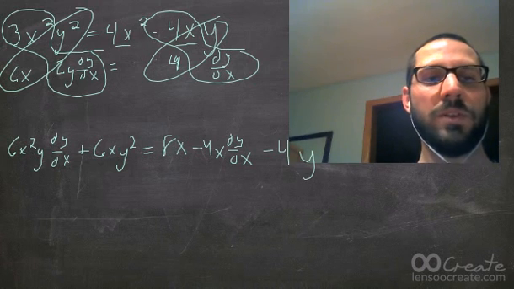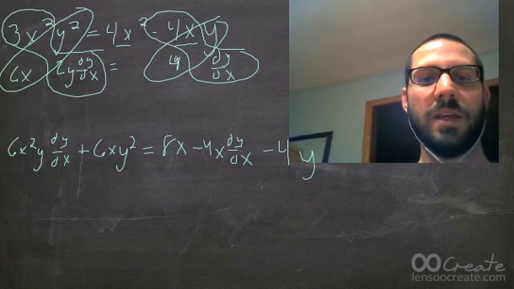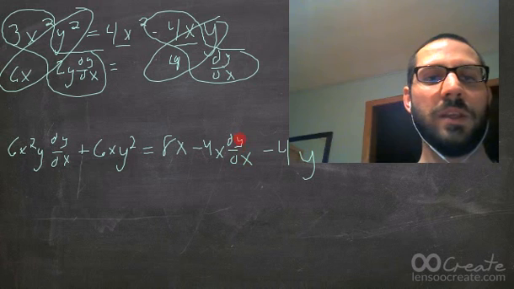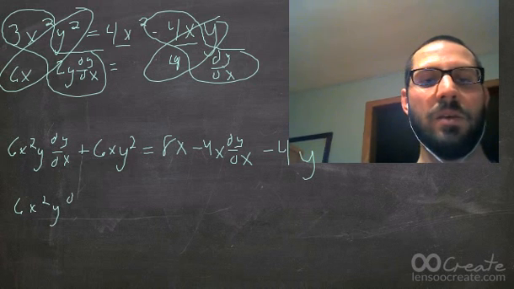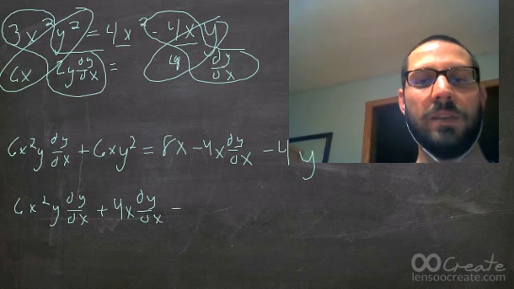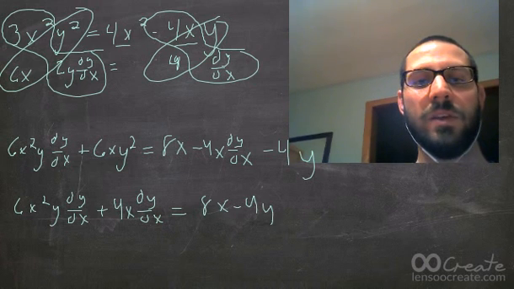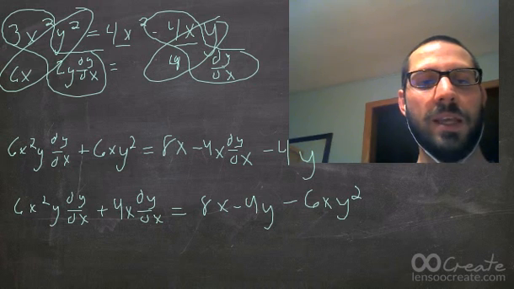Minus 4y. Again, we want to get those dy/dx's on one side, everything else on the other. So 6x squared y dy/dx plus 4x dy/dx equals 8x minus 4y minus 6xy squared.